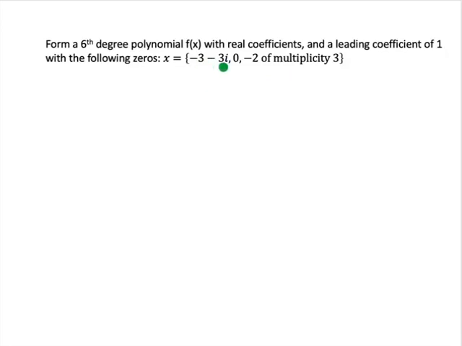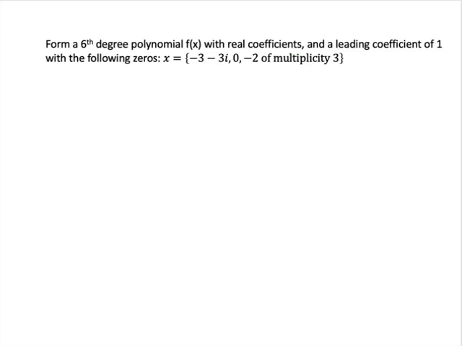Its conjugate must also be a 0 because our polynomial f of x has real coefficients. So if you remember in a previous lesson, we showed that when you have complex conjugates, part of the simplifying process causes the imaginary components to disappear so that you only have real coefficients. So let's go ahead and form our polynomial.